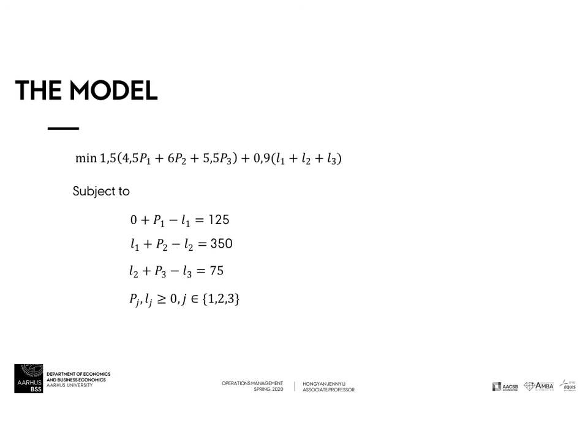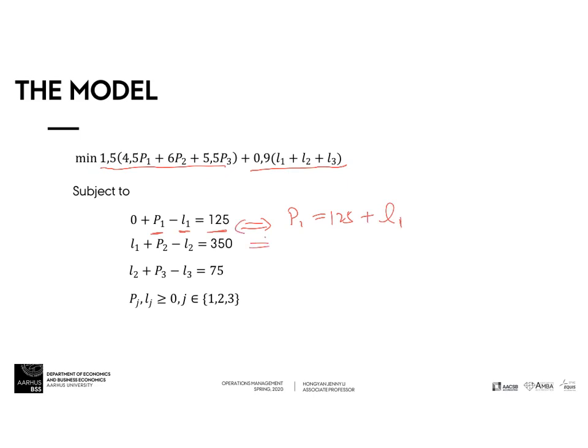These are the production costs in the objective function, and this is the holding cost in each period. You have decision variables P1, P2, P3, L1, L2, L3, and the first constraint is the first period production minus the inventory equals the demand, or we can write it another way: P1 equals 150 demand plus the end of period inventory.